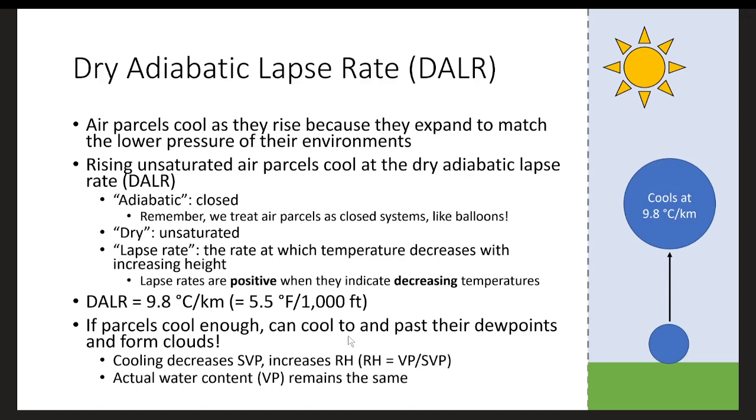So if it's dry, it's unsaturated, and the lapse rate is the rate at which temperature decreases with increasing height. Remember that if the temperature is decreasing, the lapse rates are positive. So lapse rates are positive when they indicate decreasing temperatures. You can have a negative lapse rate, but that just means the temperature's increasing when it's rising.